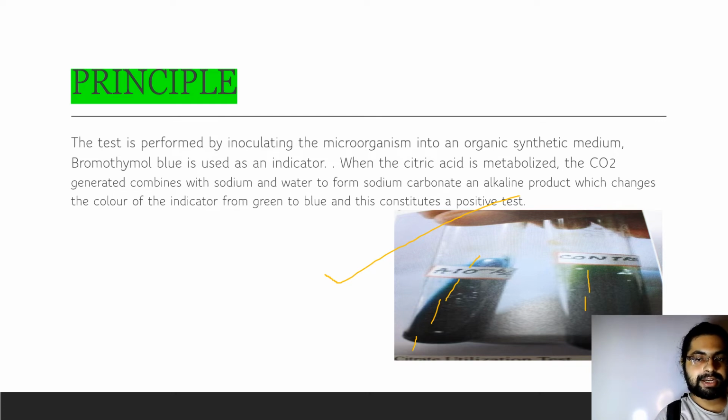So these media are in the form of slant, and one medium, which is represented as A 10 to the power of -4, is inoculated with microorganism, and the other one is not inoculated with any microorganism and thus taken as control. Okay, so for every biochemical test, it is important to take a control slant or control media.